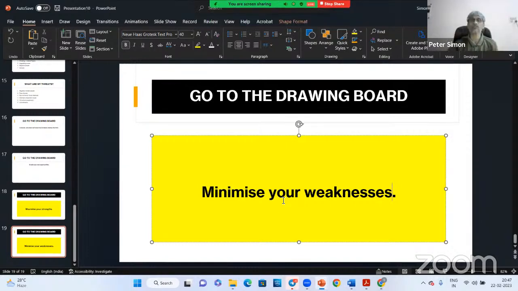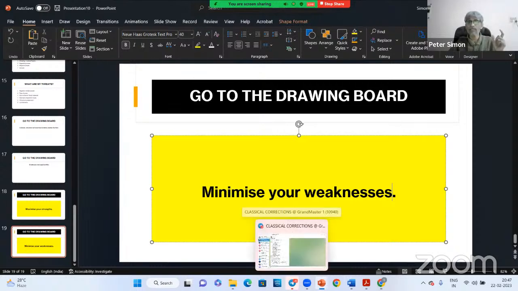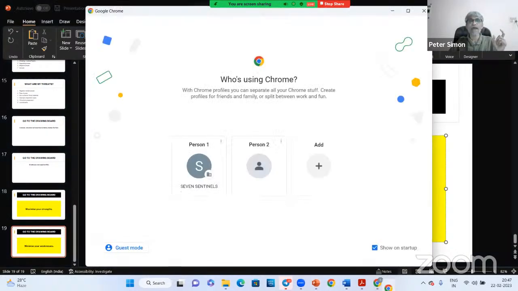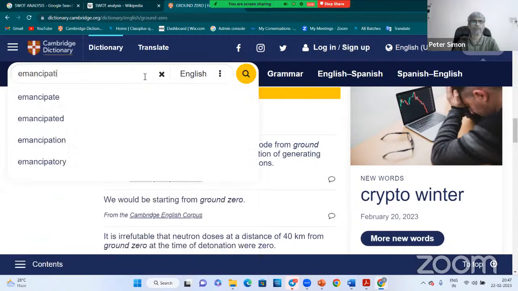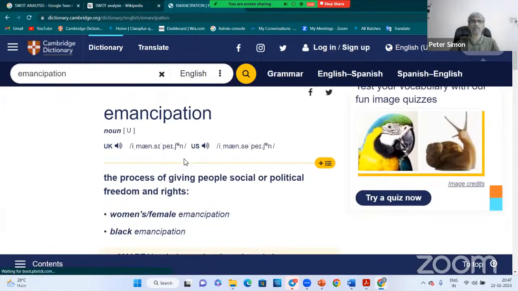Emancipation. Now, what is this word emancipation? It is a very, very powerful word. What do you mean by emancipation? Emancipation means the process of giving people social or political freedom and rights.